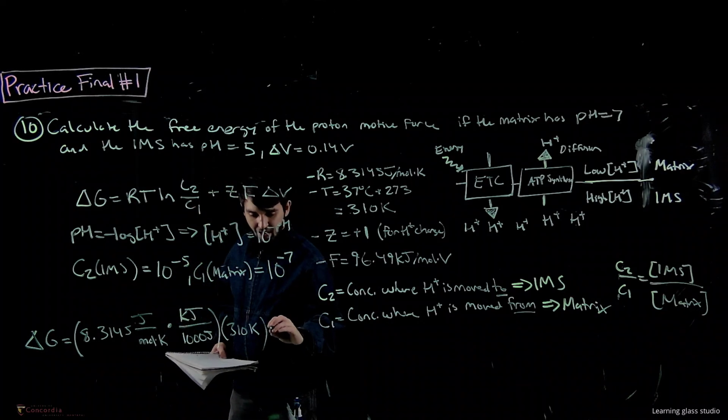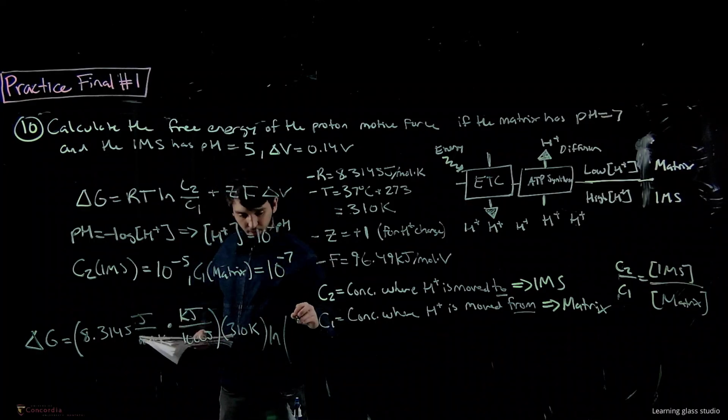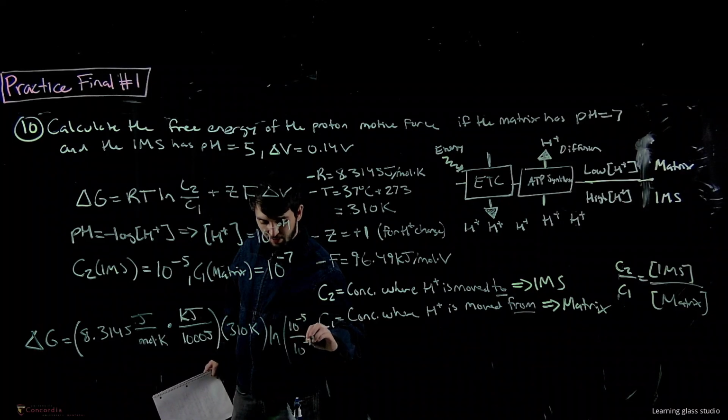Now we have the ln of C2 over C1, so this is 10 to the minus 5 over 10 to the minus 7.